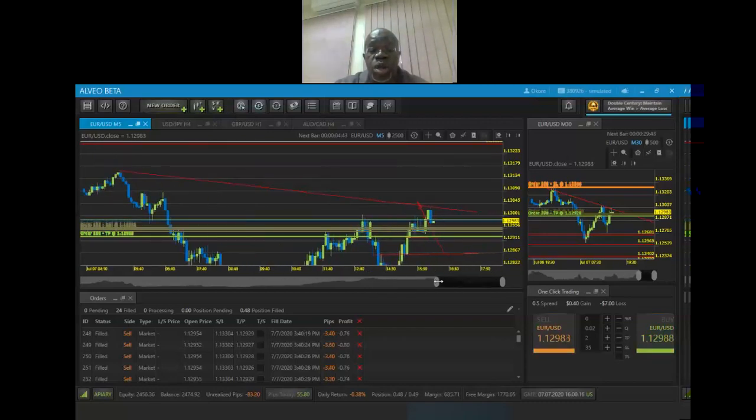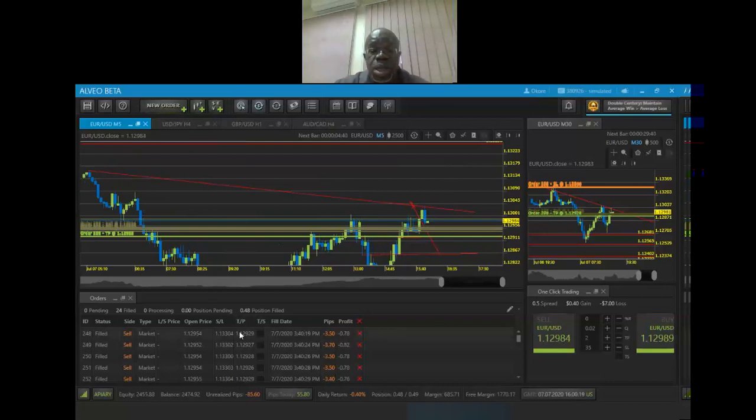So the pips were a bit crazy. It went to minus 120, but again, I had the confidence that it was going to come down. So I'm just waiting for it to come down and close these trades over here. Again, I'll pause it and get back to you when it's done.